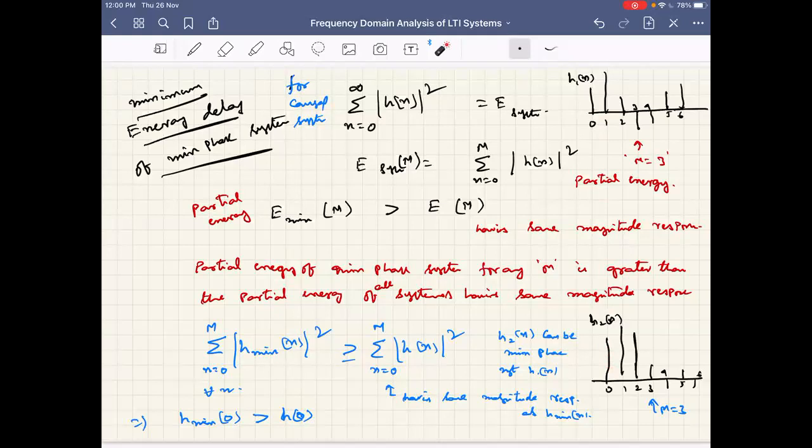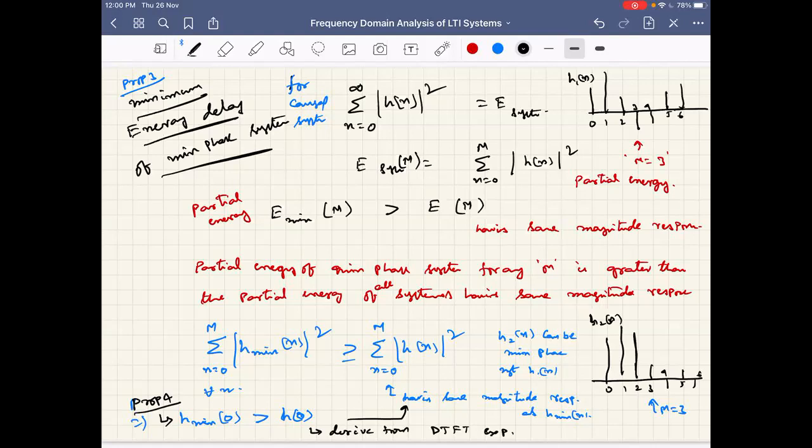Okay, this is property 4. That means the 0th sample of the minimum phase system is greater than h of 0 of any system having the same magnitude response. This you can easily derive from the discrete time Fourier transform expression. Take it as an exercise.